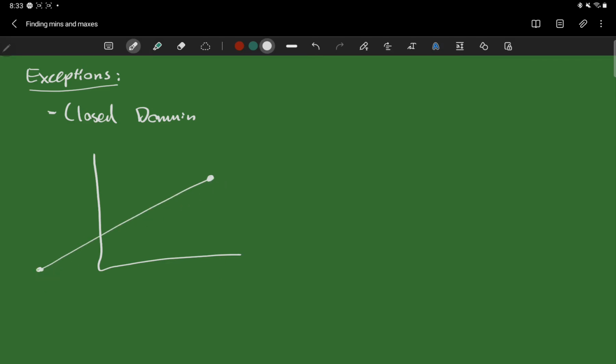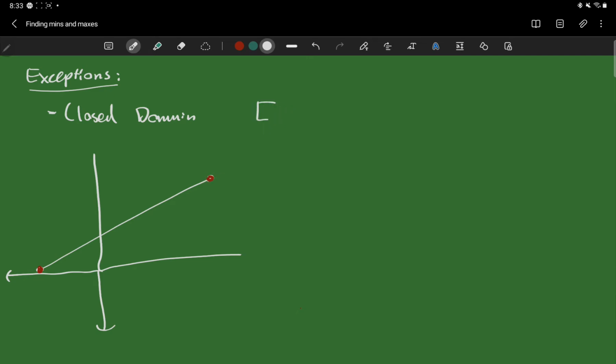That means we have these filled in circles at each end. It's something like this. This does have maximums and minimums. Here's one max. Here's the other. You know, they're kind of just right there. It seems kind of non-intuitive, but these are the maxes on the closed domain. And notice, the derivative does exist there because it's inclusive.